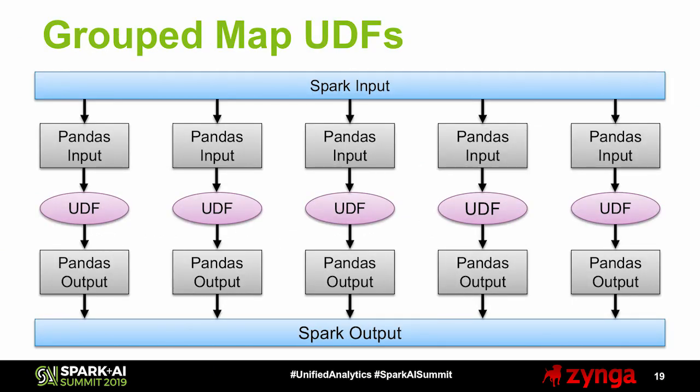Here's a visualization of what this actually looks like. We have our raw input data frame, which is a Spark data frame. We tell it to partition by user or group of users. And then this gets distributed across all of our worker nodes. This translation between Spark and Pandas is done via PyArrow, so it's pretty efficient. The code that you write is really this function in the middle, which is your user-defined function.